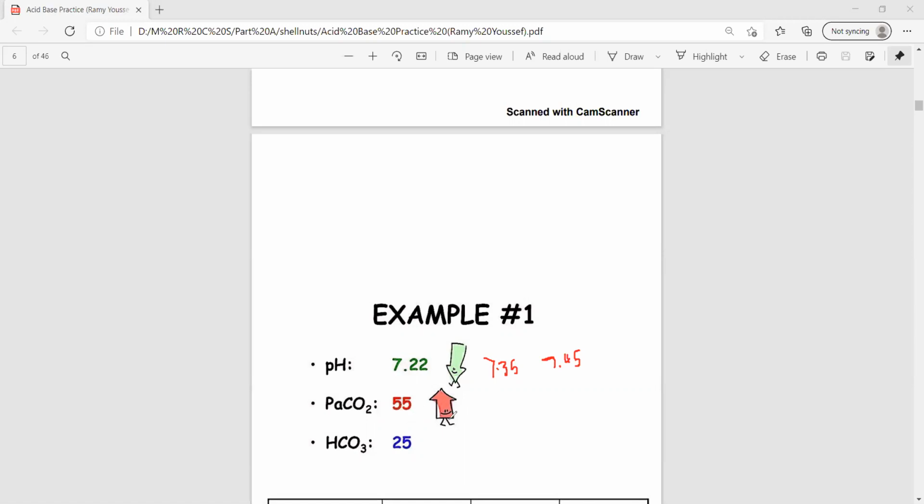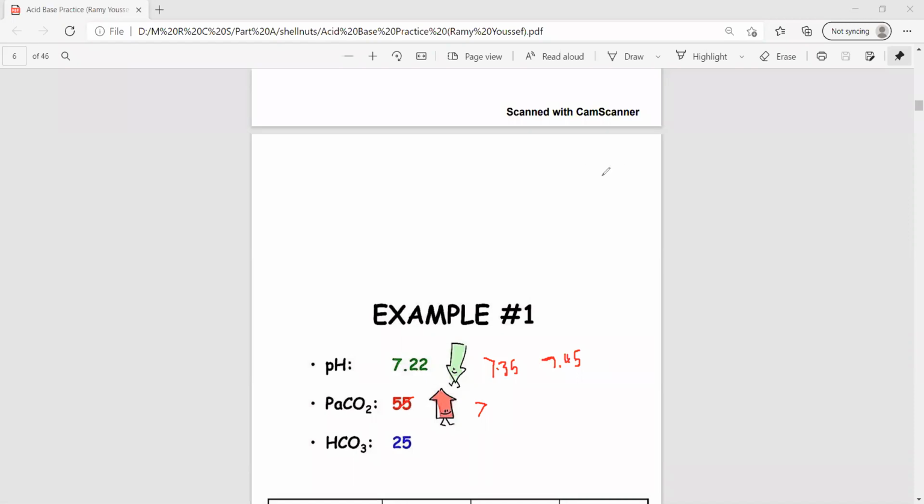Forget about this, it will not be in the exam like this. Keep it like 7. So here the pH is acidotic.